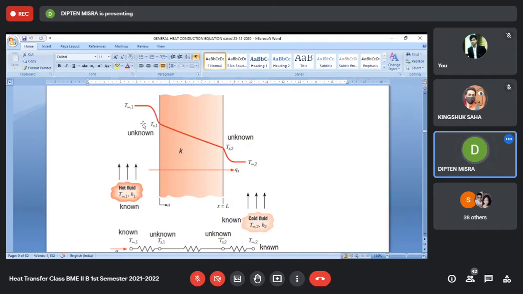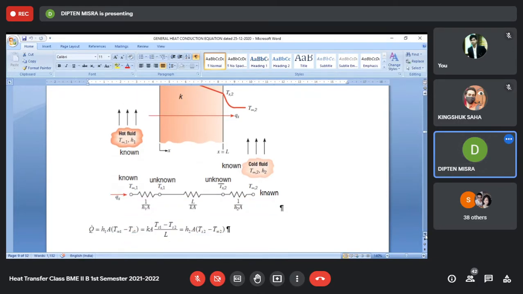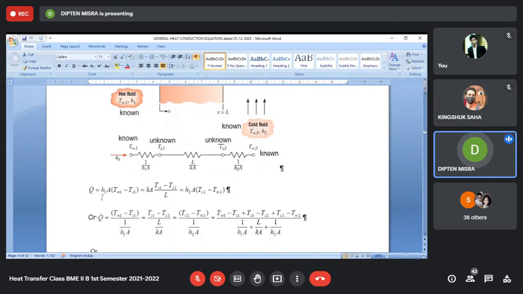Now the heat transfer rate, if we define it as Q dot, that Q dot will be equal to the heat transfer coefficient into the surface area into the temperature difference between the hot fluid and the comparatively colder surface of the wall.